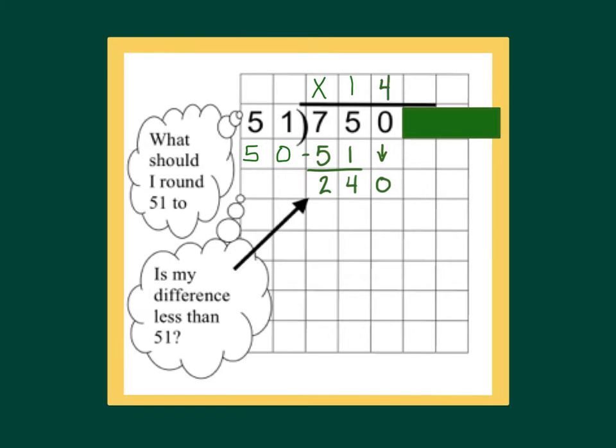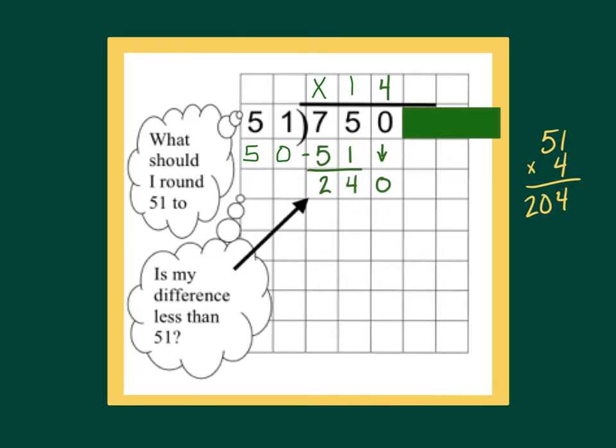Now this level of math will probably require me to have another sheet of paper here on the side so I can multiply 51 times 4. And I get 204.